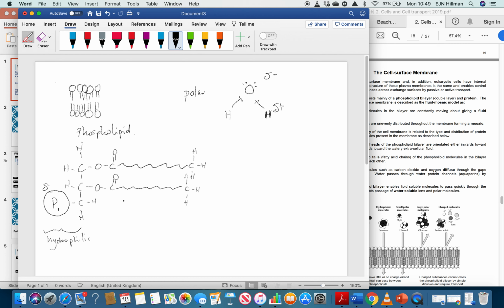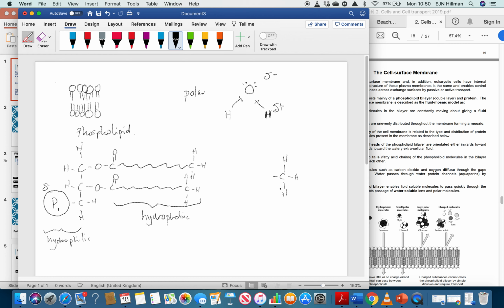Hydrocarbons, on the other hand, so this region of the phospholipid, are non-polar. So we refer to them as being hydrophobic. And that's because, well, this is just an example, a really simple hydrocarbon.